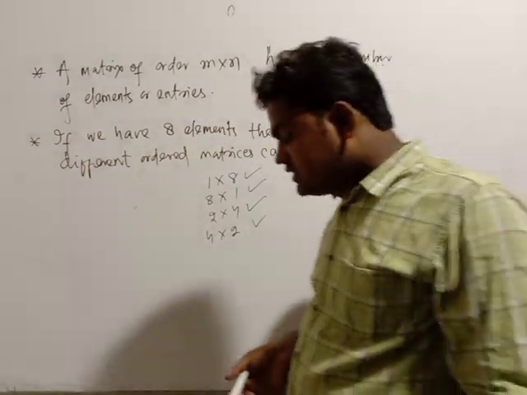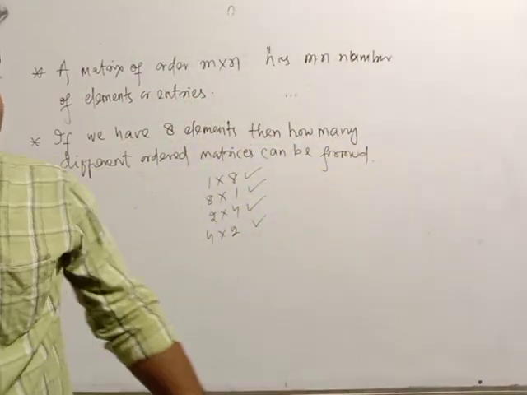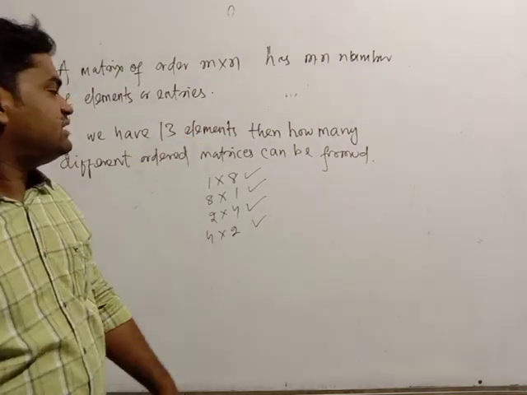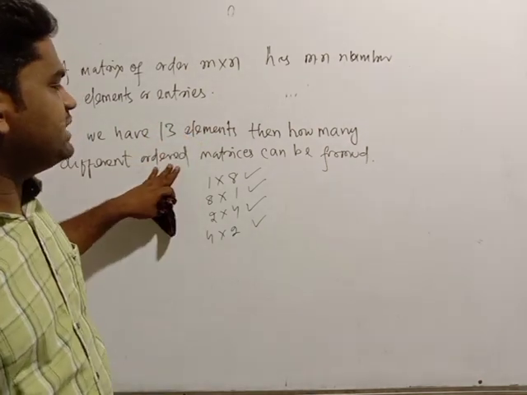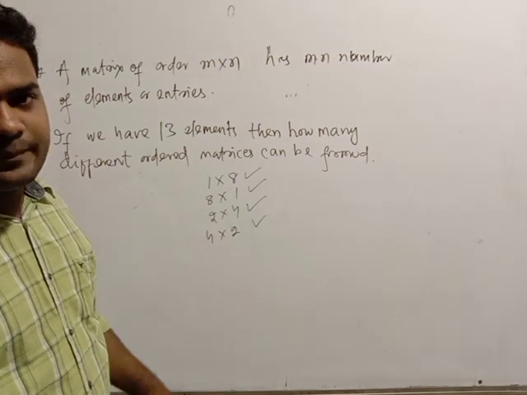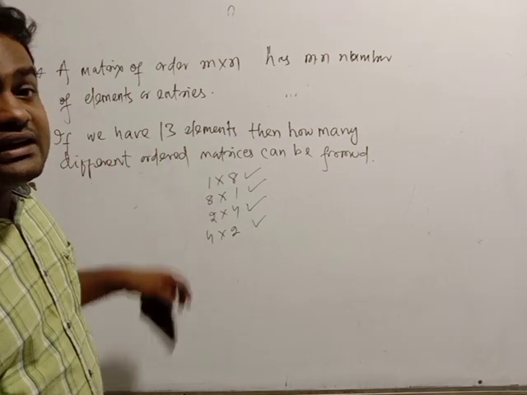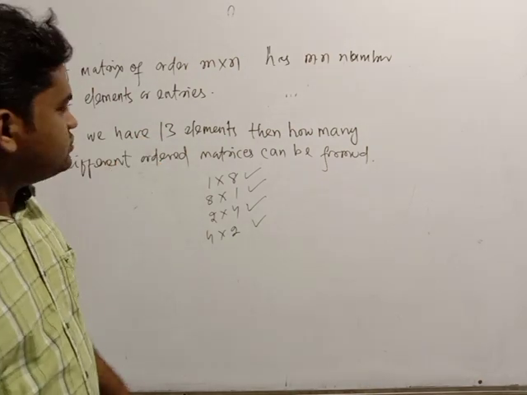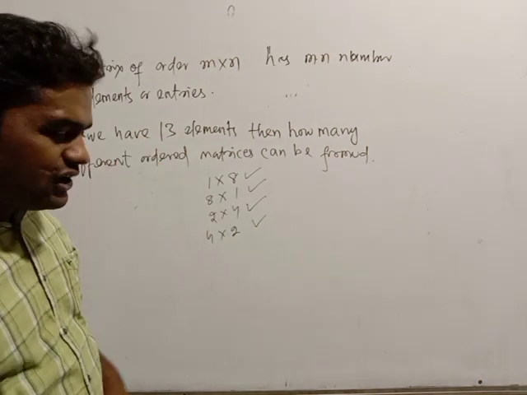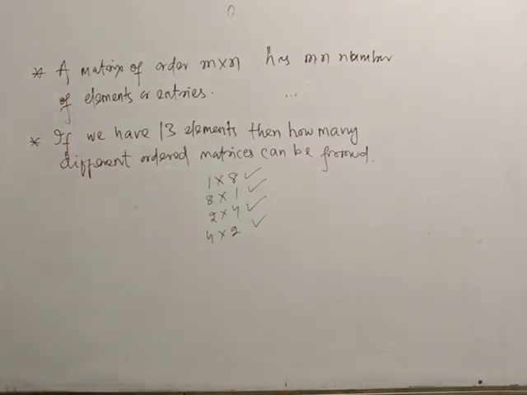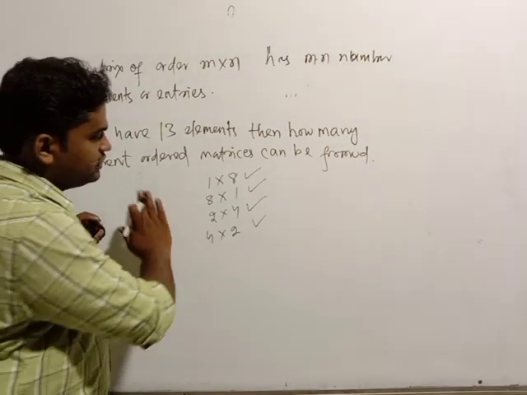Similarly, if we take 13 elements, then how many different ordered matrices can be formed? That means by using 13 elements, how many different ordered matrices can be formed?